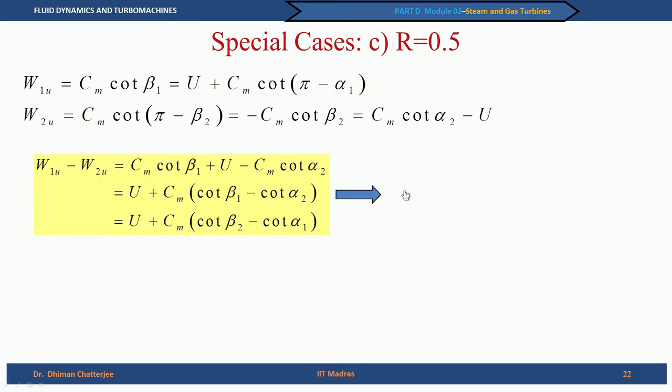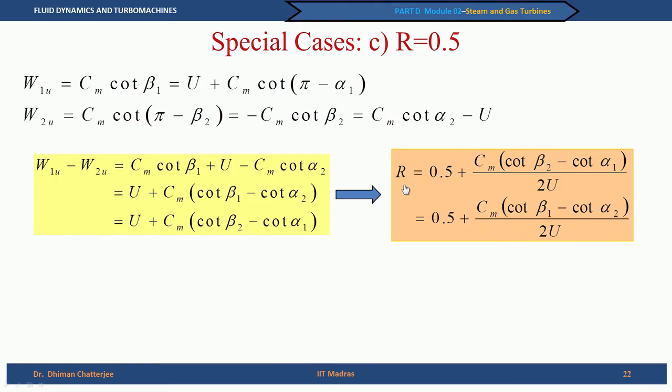What does it mean? It means that I can write R equal to 0.5 plus Cm within brackets (cot beta 2 minus cot alpha 1) divided by 2u, because this definition of R, (W1u minus W2u) by 2u, is already discussed.